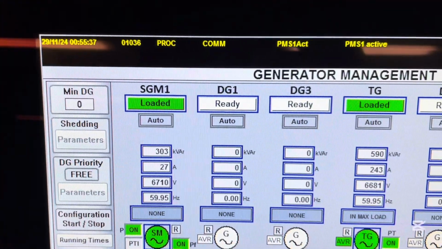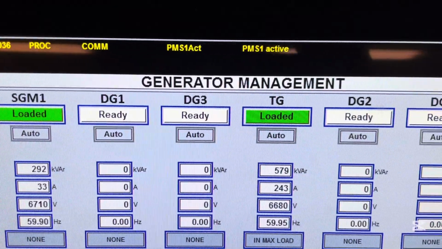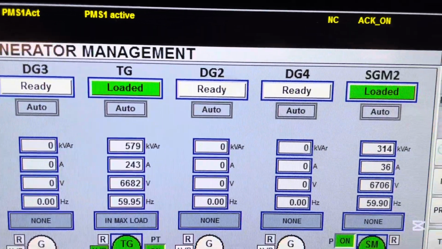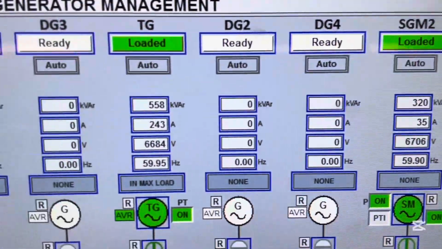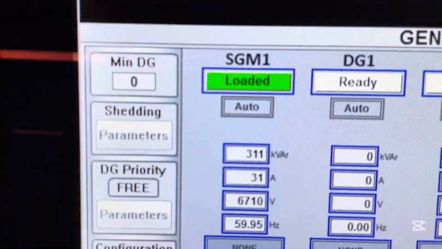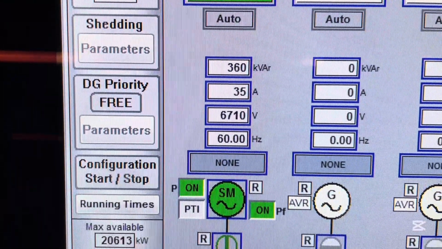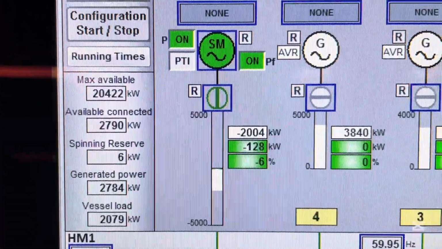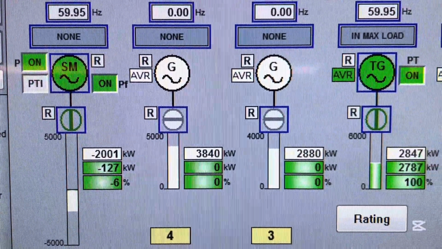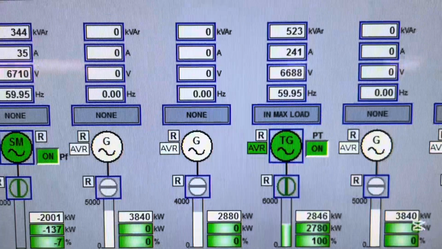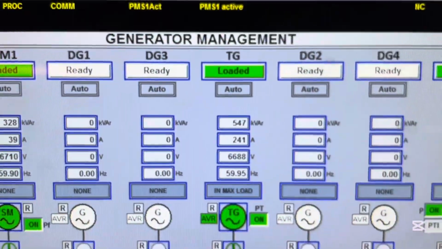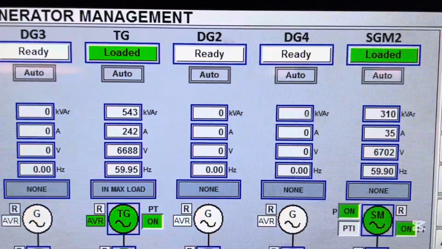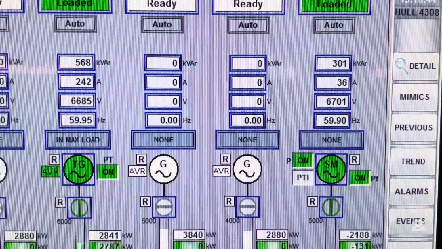Secondly, this is the second area present in my engine control room to control the auxiliary engine. This is the power management system, from where I can prioritize my generators. Suppose one generator is running and there is going to be more power demand, I can prioritize which generator takes the load next, maybe the second, third or fourth generator.